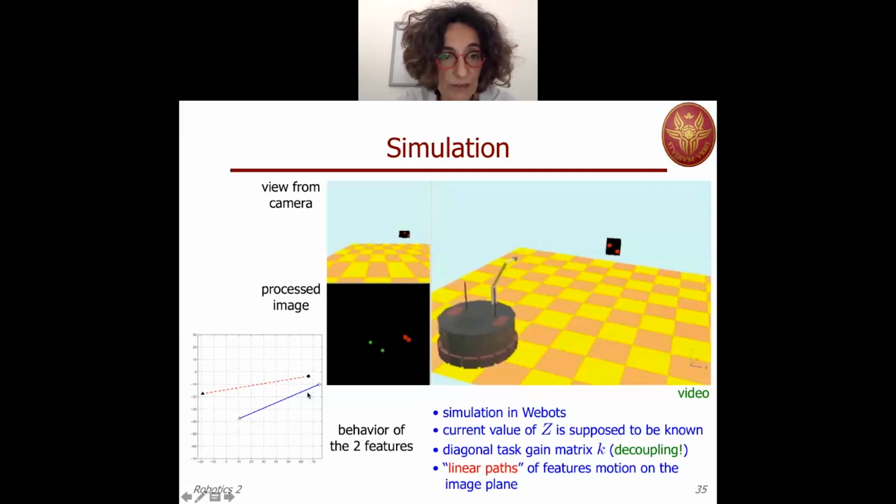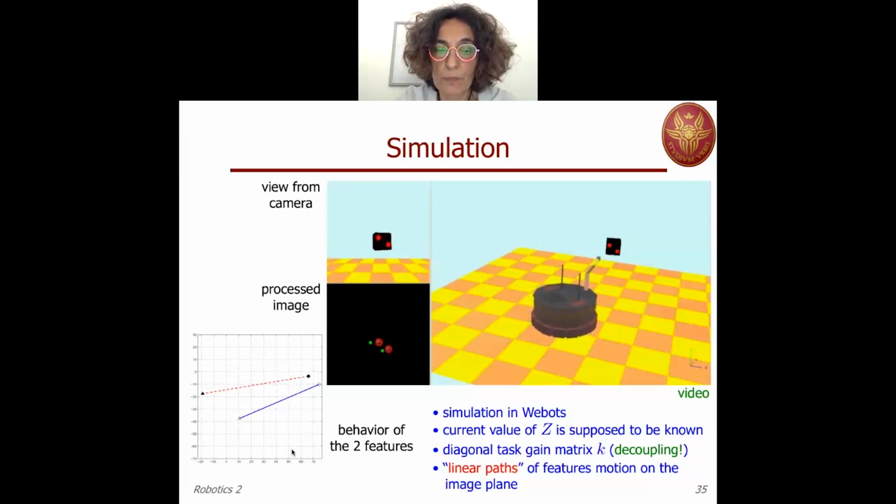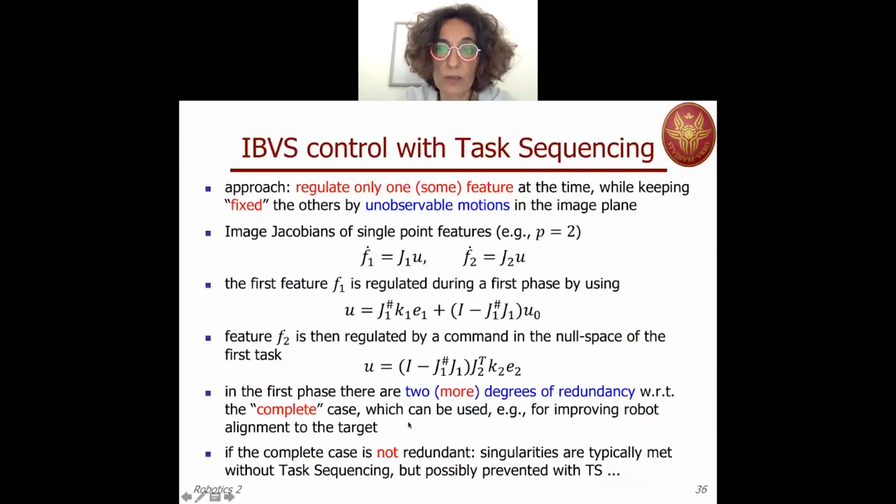And in fact, in the image plane, we do have a linear path of the feature. And this is what the robot does to execute the task defined in the image plane.